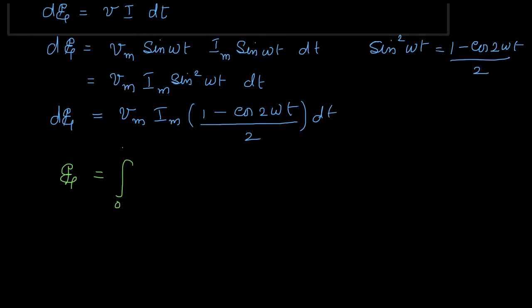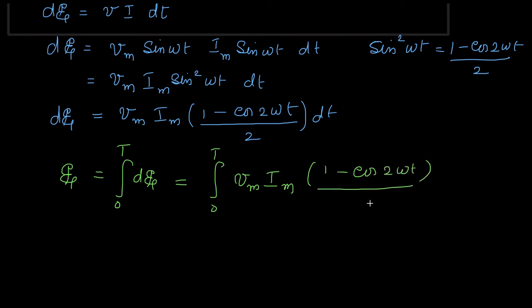Integration from 0 to T, where T is the time period of the AC cycle, of dE. That is integration from 0 to T of Vm Im into (1 minus cos 2 omega t) by 2 dt.